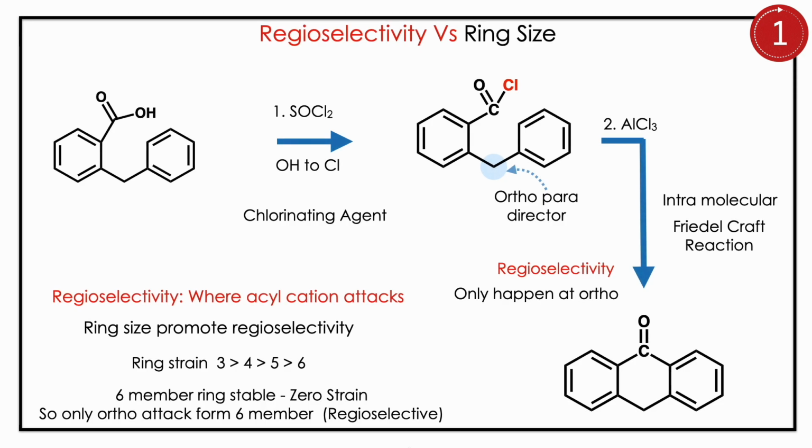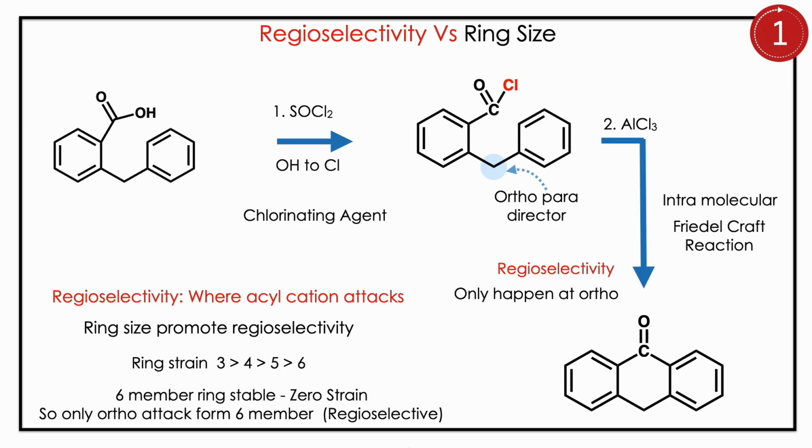Then regioselectivity versus ring size. Here the starting material is an acid, and you are using SOCl2, which is a chlorinating reagent, which converts acid into acid chloride. The acid chloride can react many ways because you have the possibility of ortho and para, but reaction happens at only ortho. Why?